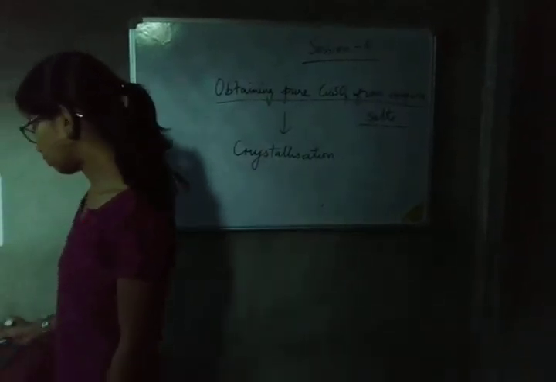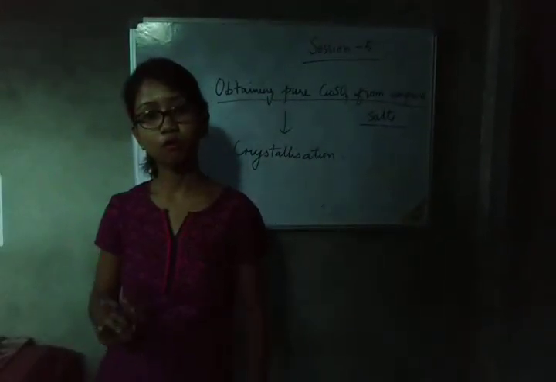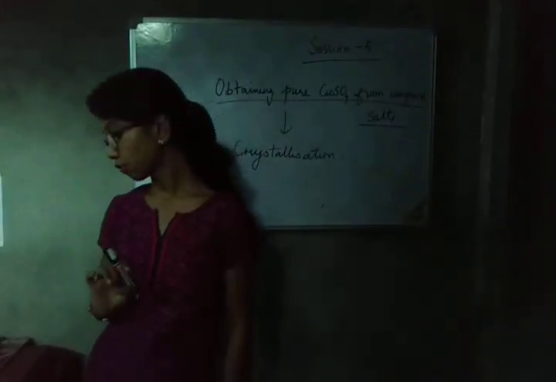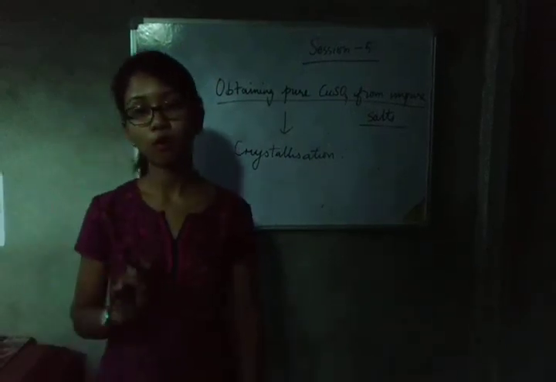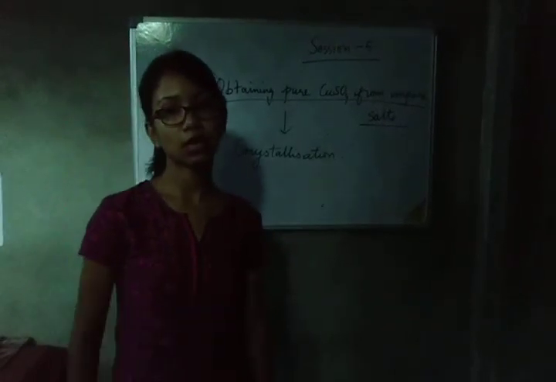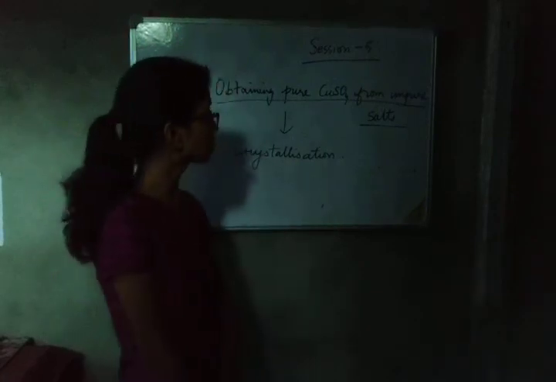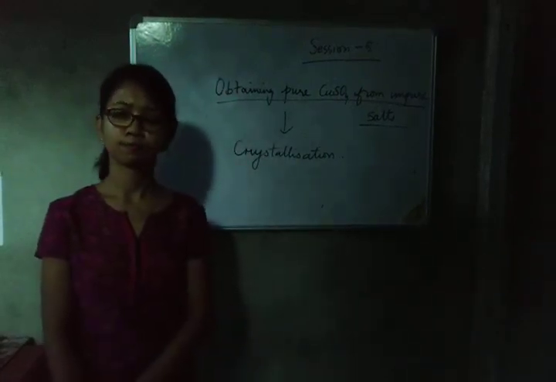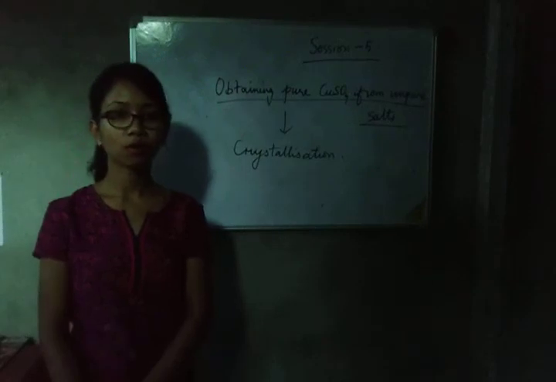And then the definition you can write: the process in which pure solids in the form of crystals are obtained from a solution is known as crystallization process. It is used for separating salts from an impure mixture.